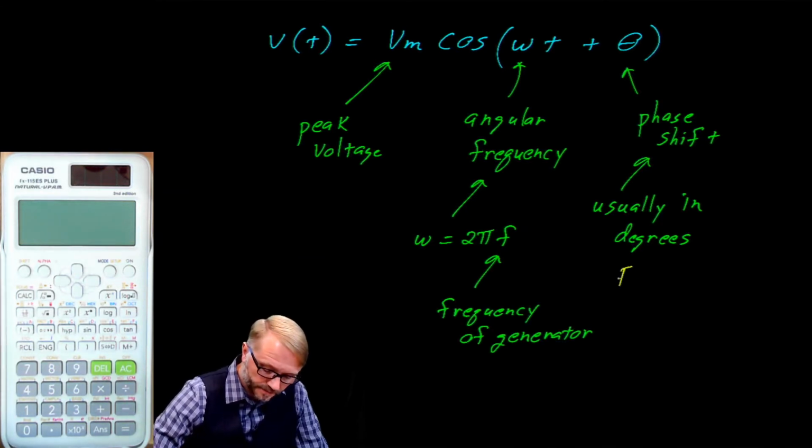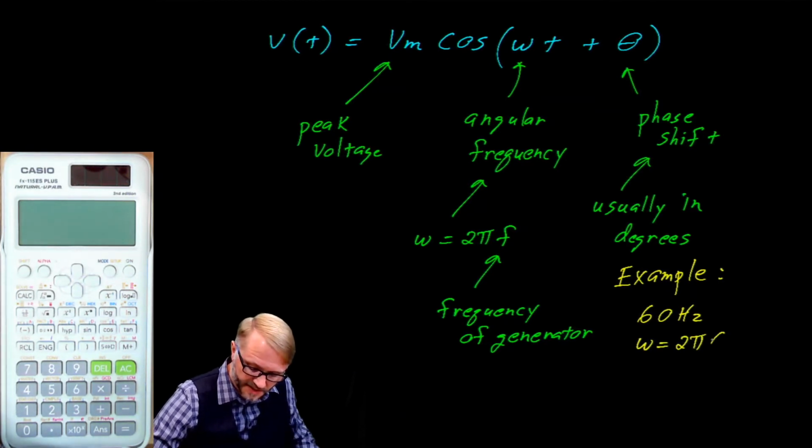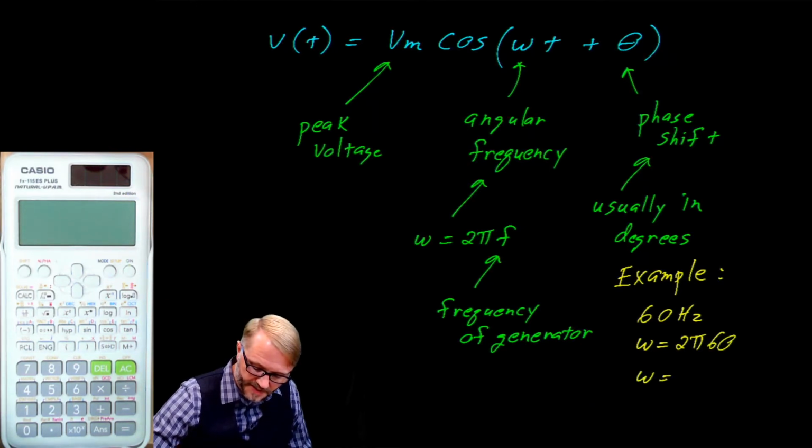For example, the line frequency in your house is 60 hertz, which means omega is equal to 2 pi times 60. So omega is equal to 377 radians per second.